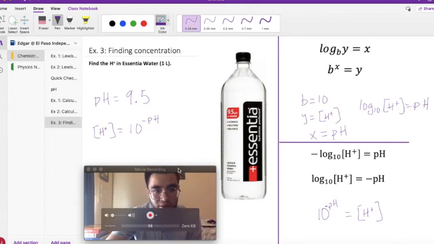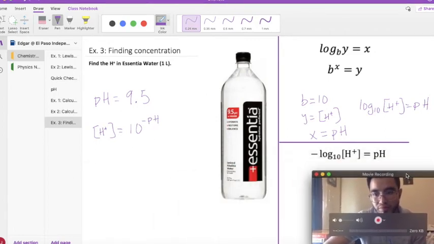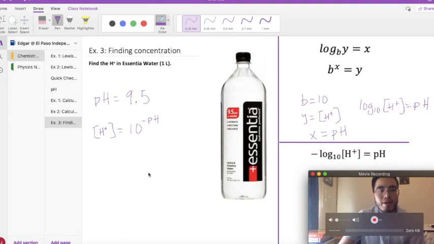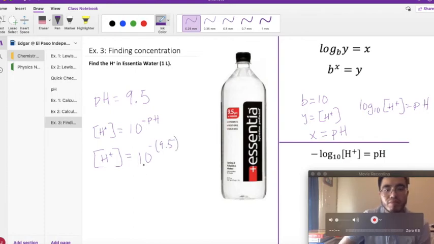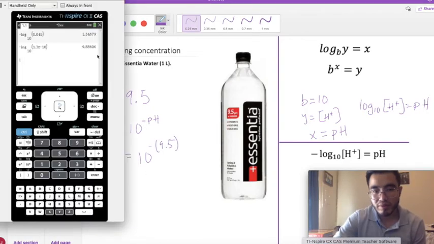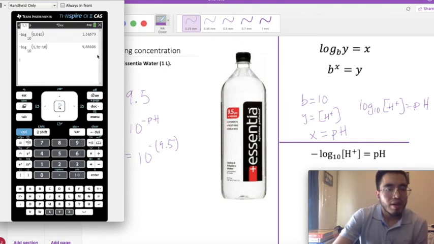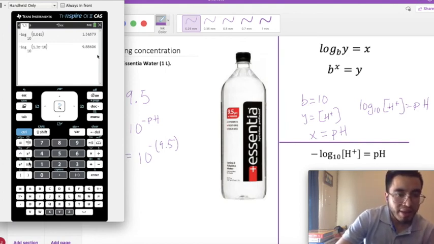Let's solve it. Let's substitute. Hydrogen ion concentration is equal to 10 to the negative, we have the pH, which is 9.5. If you notice, in my case, I have the 10 to the X where the log is.